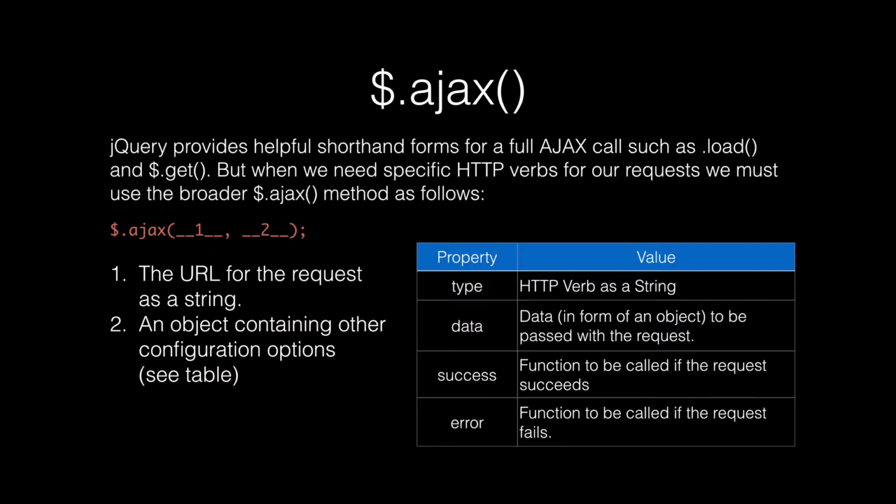So look over at the table there, and one of the options that we might be able to pass in is the type, and that is where we're going to specify which HTTP verb we want to use. So that's where we'll specify as a string that it's a get request, a put request, a post request, or a delete request. We can also specify the data that we're going to pass with this request, and that's going to be passed in the form of an object.